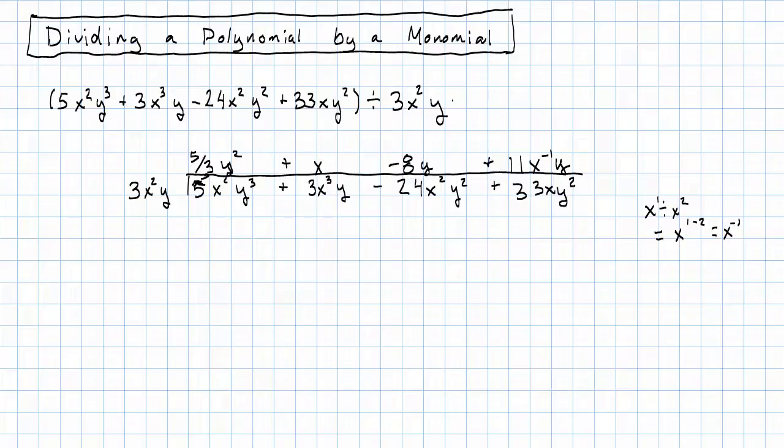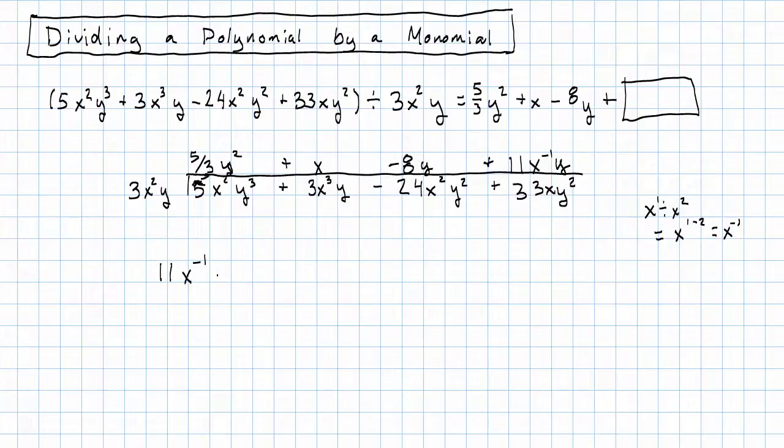So the result of my division is going to be 5/3 y squared plus x minus 8y plus this last term. I want to work with this last term a little bit. I've got 11 x to the negative 1 y.